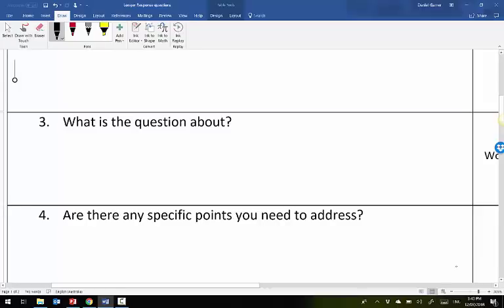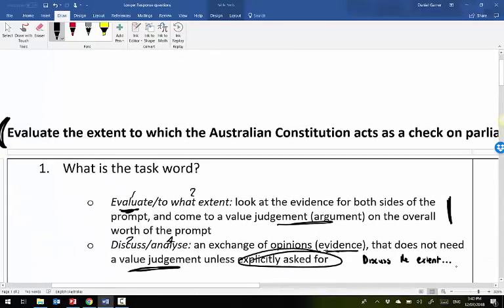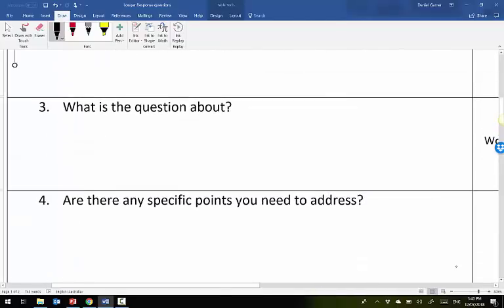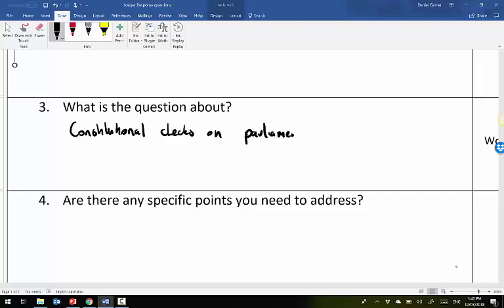What is the question about? Let's go back up. The extent to which the Australian Constitution acts as a check on Parliament. So Constitution all checks on Parliament.